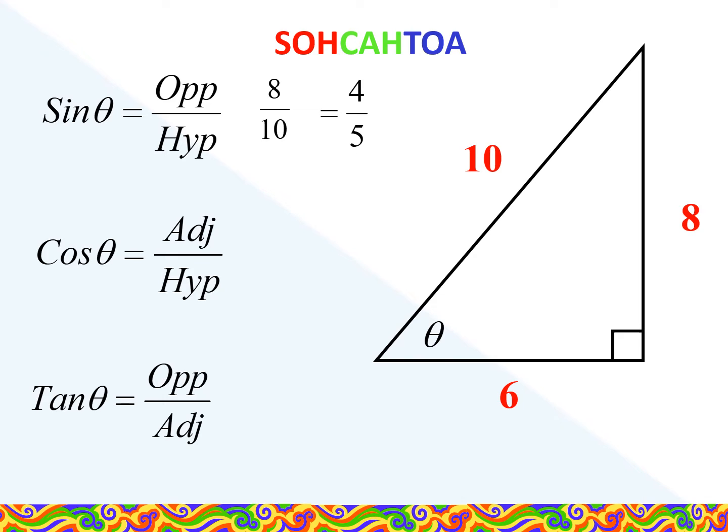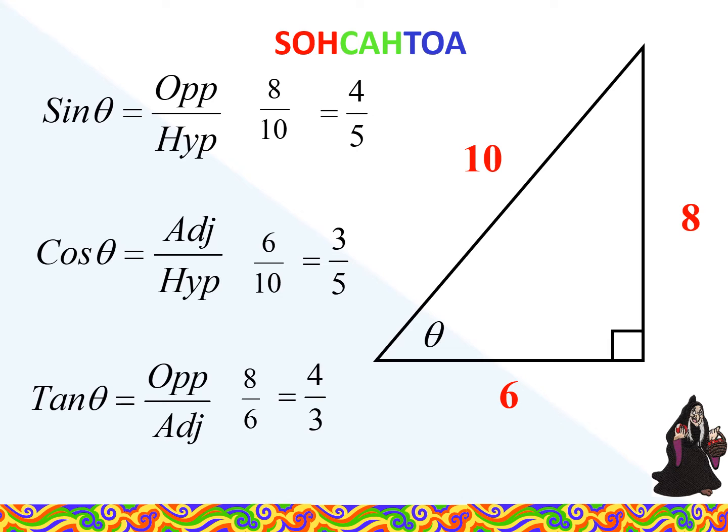For cosine theta, adjacent over hypotenuse, so it is 6 over 10, or in lowest terms, 3 over 5. Tangent theta is equal to opposite over adjacent. It is equal to 8 over 6, in lowest terms, 4 over 3.